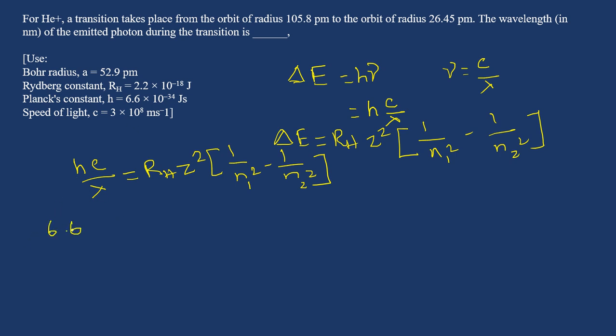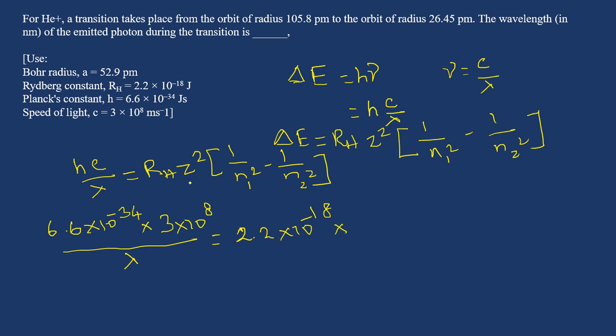The value of h will be 6.6 into 10 power minus 34, into the value of c which is 3 into 10 power 8, divided by lambda, and then the value of RH is 2.2 into 10 power minus 18. We know Z is the atomic number. For helium it is 2, so I am taking 2 square, which is nothing but 4.